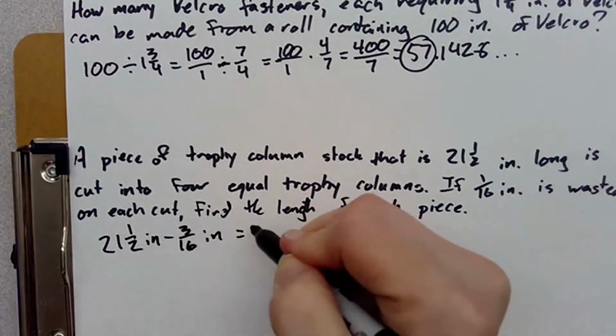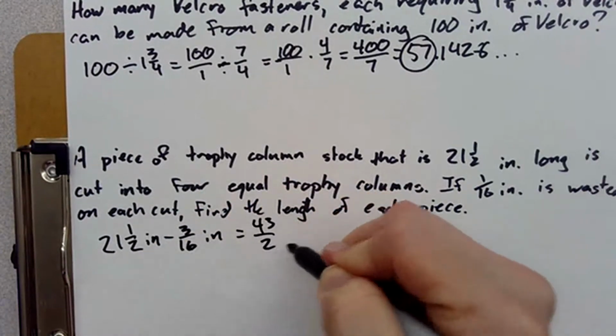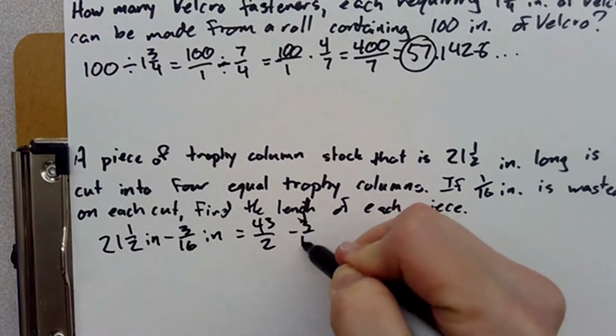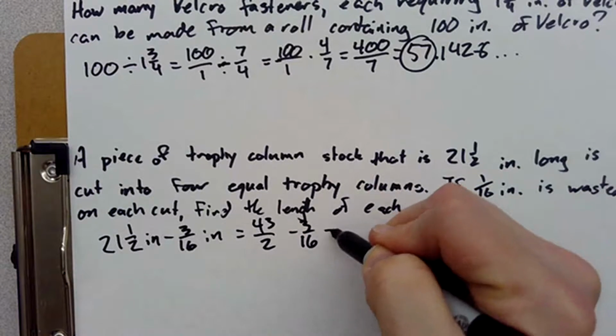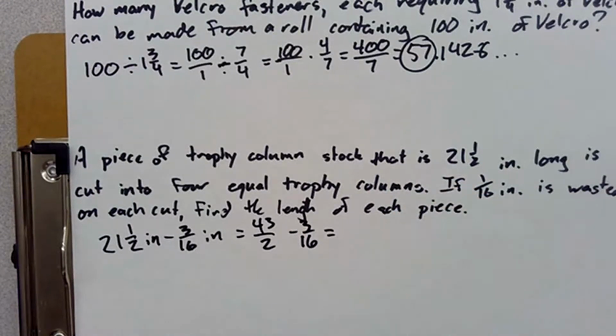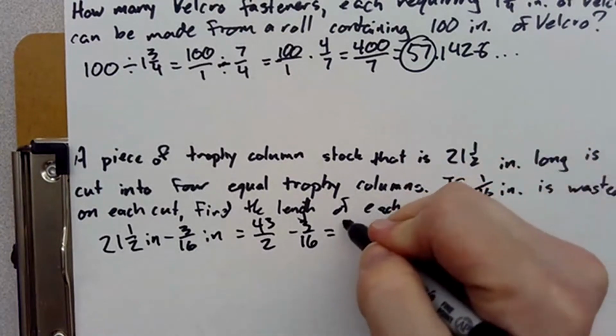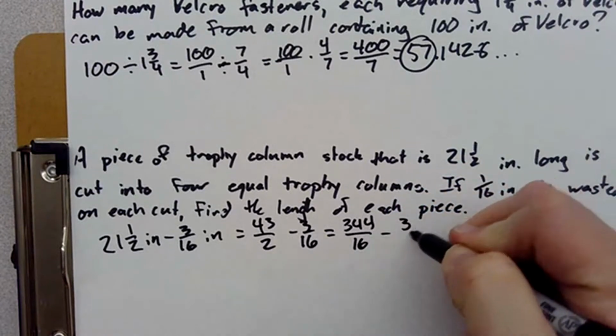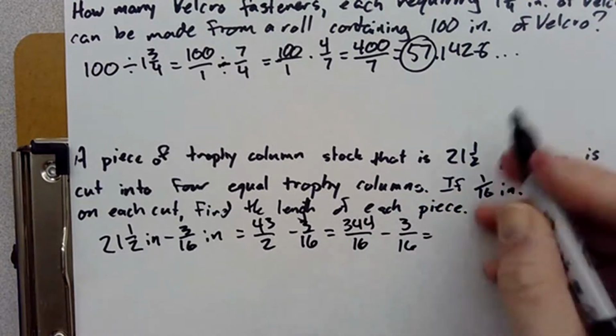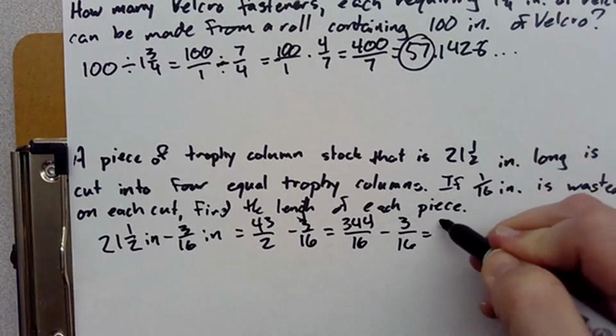Okay, well, let's make this 43 halves minus 3/16. And we'll multiply the numerator and denominator by 8 to get 16ths for both of these. 43 times 8 is 344 over 16 minus 3/16 is 341/16.